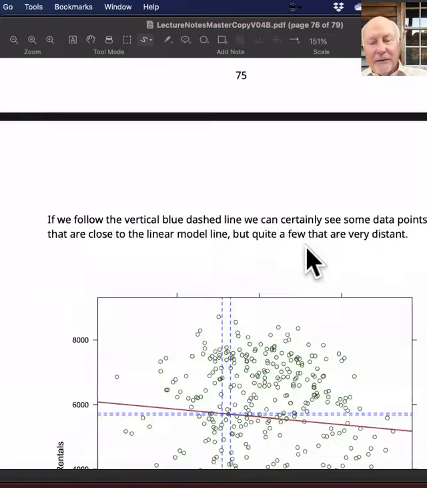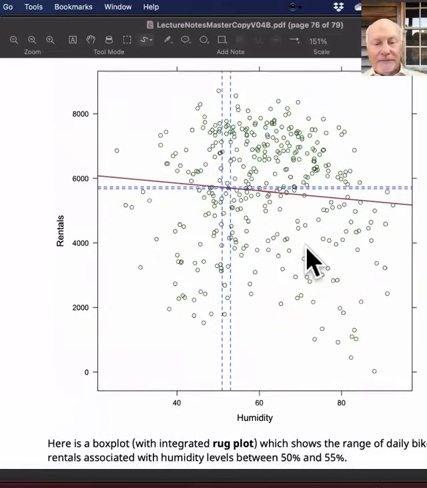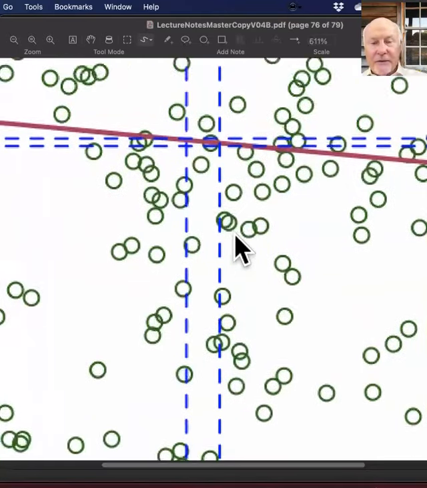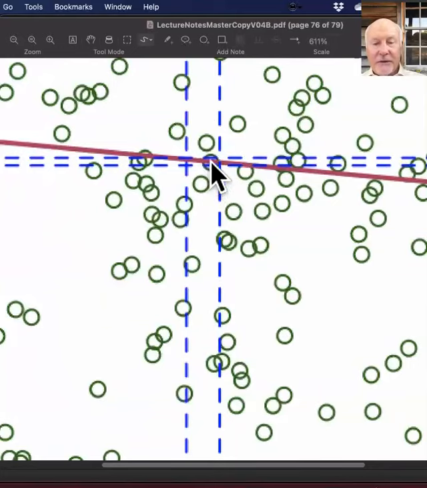If we now add back in all the other points, what we can see here is I've now got 2 blue lines, and those 2 blue lines cover humidity from 50 to 55%. We've got a number of days that had humidity in that range. There's a bunch of them up there, and it includes our Friday in November 2012, where the model was pretty much spot on.